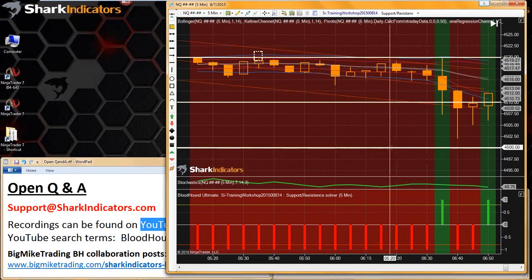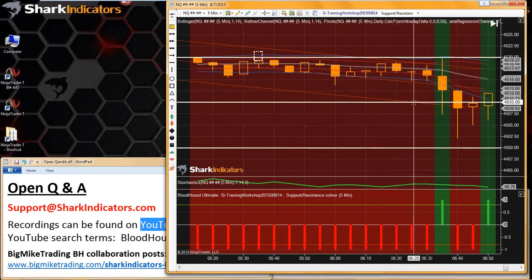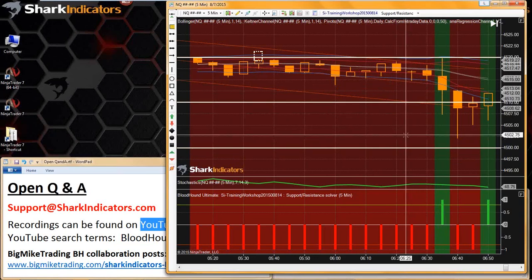Alright, so we have support resistance lines. I just drew them on here at 10-point increments. So this is 4,500, 4,510, and 4,520, every 10 points.